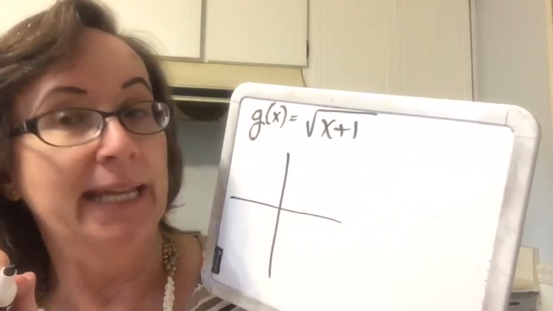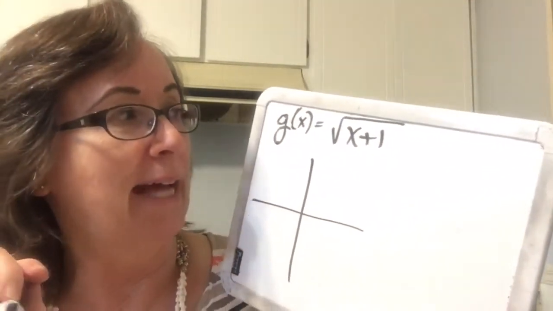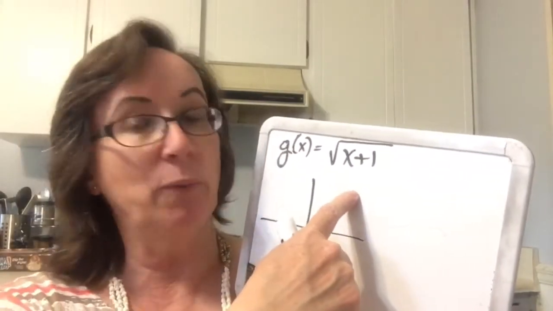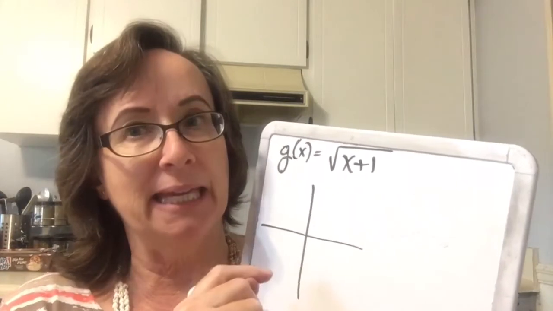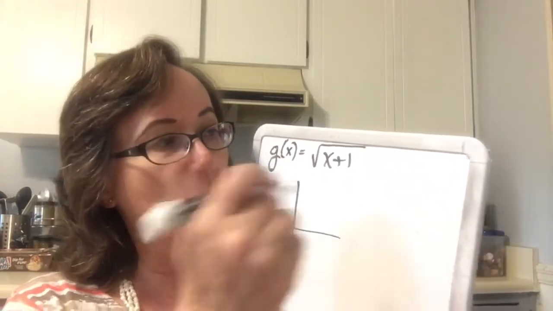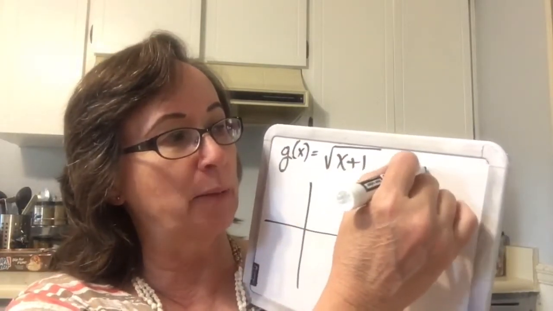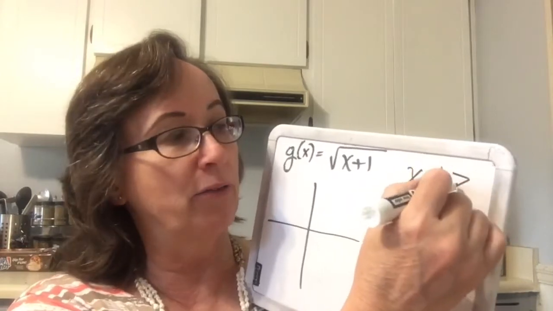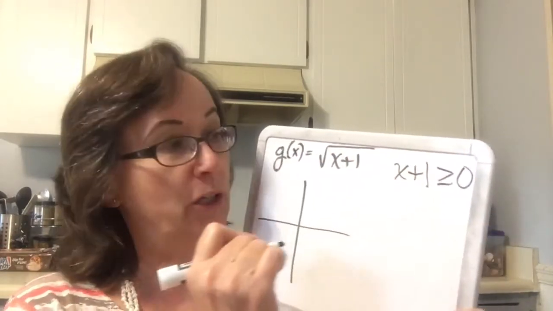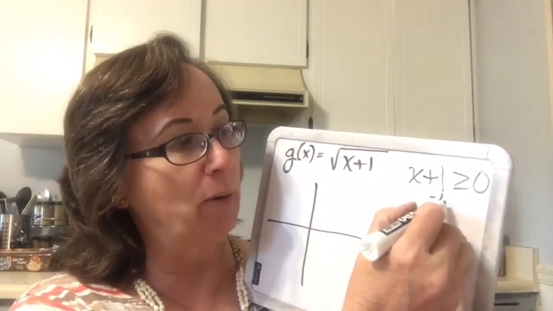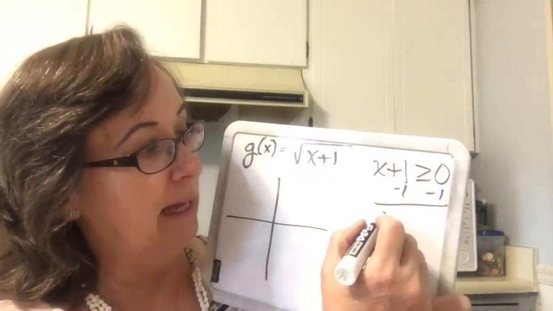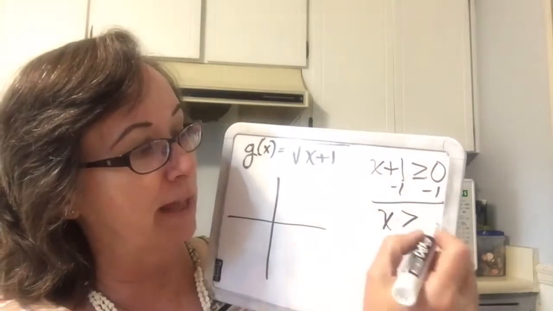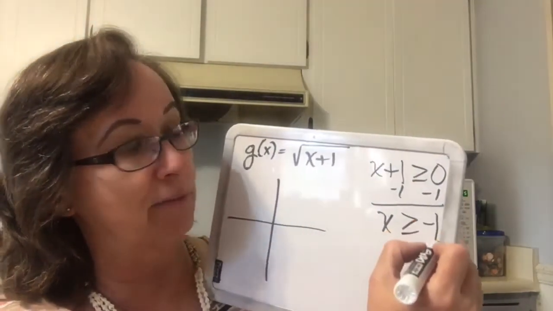If I have something going on inside the function, it will move that function to the left or to the right. Now, we know that this is a square root, and we know that whatever's inside it cannot be negative. So if you set x plus 1 greater than or equal to 0, you will see that when I take away 1 from both sides of that inequality, I will get x is greater than or equal to negative 1.